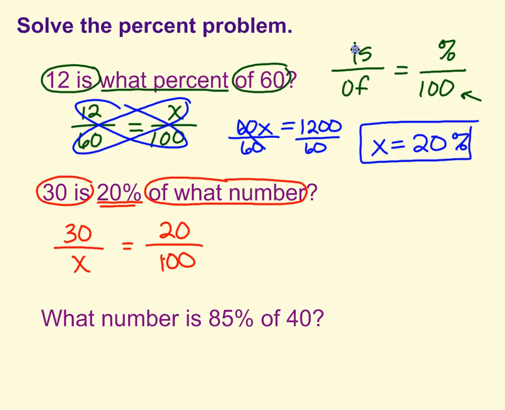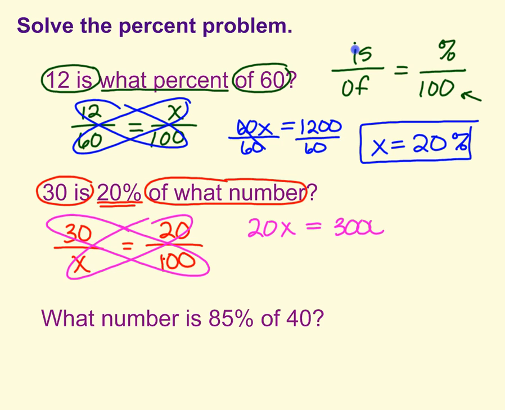And then we cross multiply. 20 times x is 20x equals 30 times 100 is 3,000. Then you want to solve for x, so you're going to divide both sides by that 20. And x equals 150.